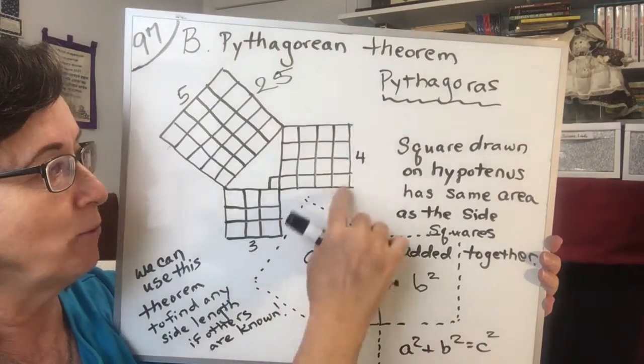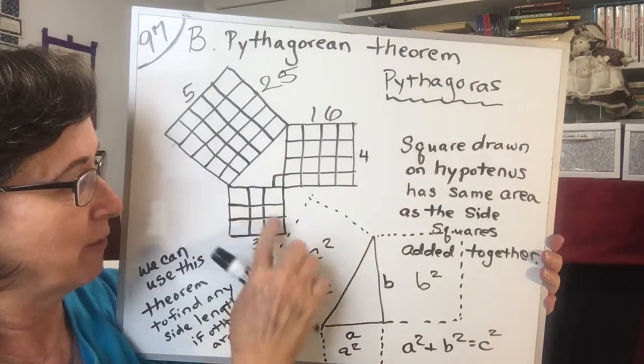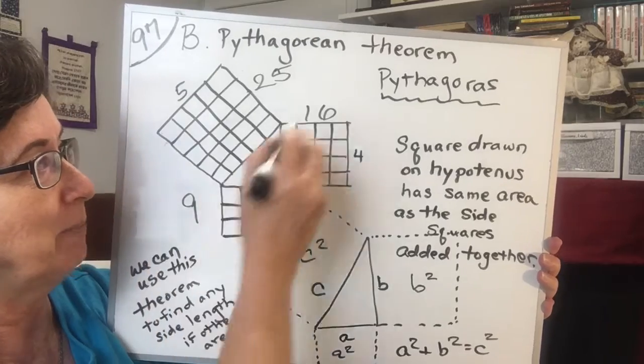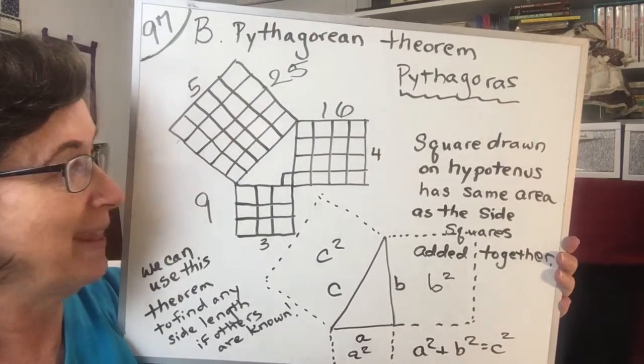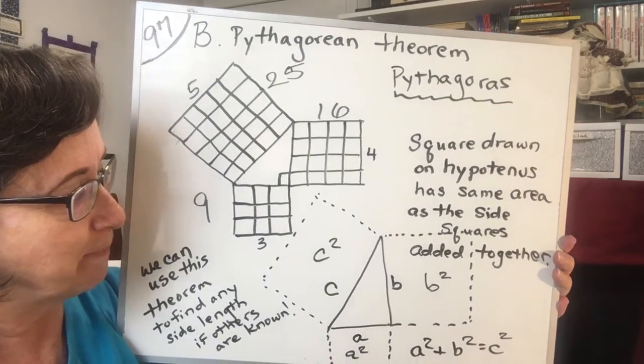And if we have 4 on each side, 4 times 4 is 16. And if we have 3 on each side, 3 times 3 is 9. And 9 plus 16 is 25, isn't it? So that is how this cool Pythagorean theorem works.